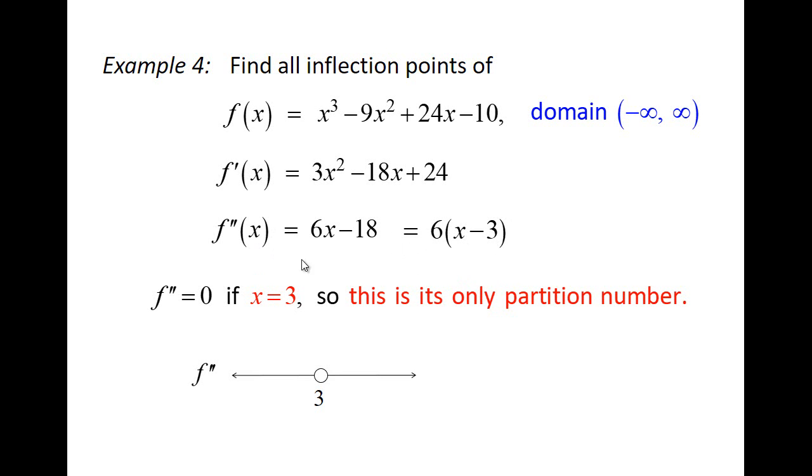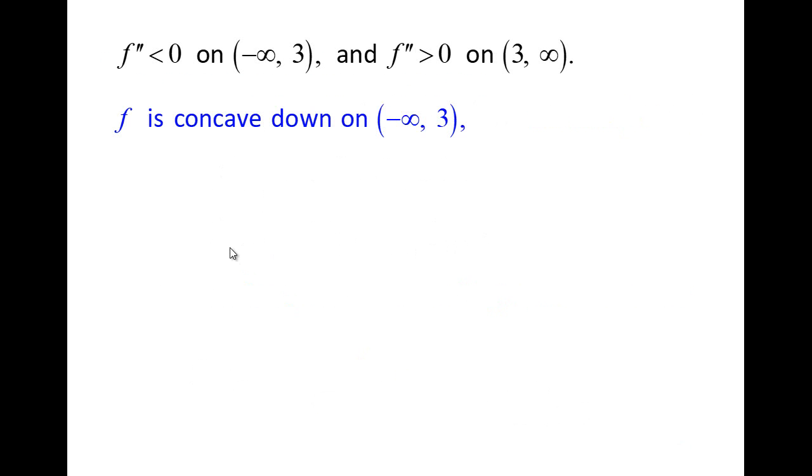When x is less than 3, f double prime is negative. As a result, since f double prime is negative on the left of 3 and positive on the right of 3, f is concave down on the left of 3, and it is concave up on the right of 3.